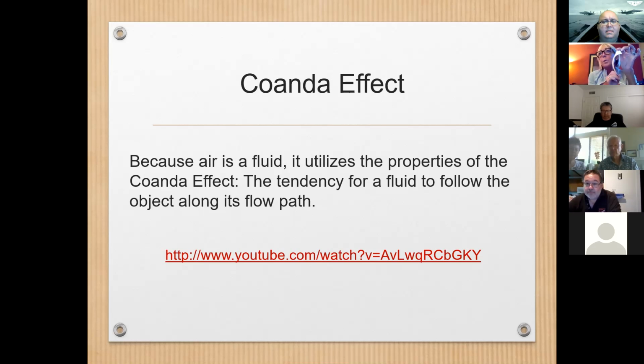He takes the spoon and has the spoon edge, the bottom like this, and it sticks to the water. So you guys can watch that afterwards. If you turn the spoon around and you have it like this, it doesn't stick to the water. So that's what we're looking at on an airfoil: the air comes up and over and it sticks to the surface of the airfoil on top. Does that make sense? I'll just take it from Doug here.